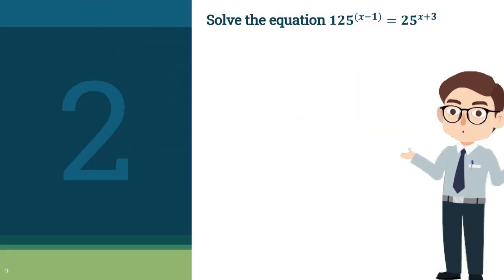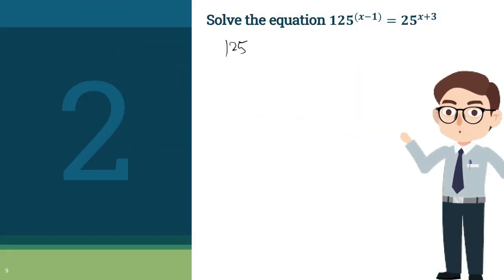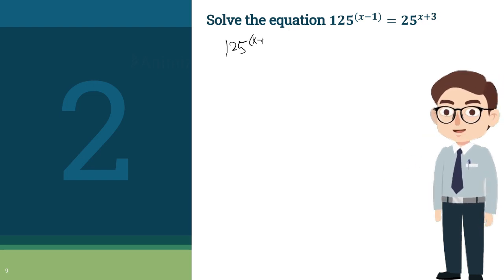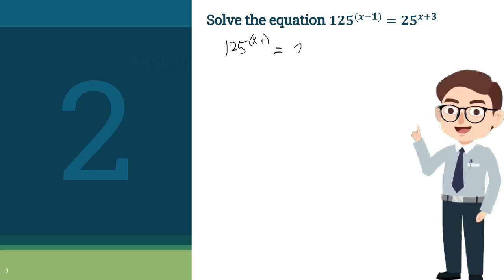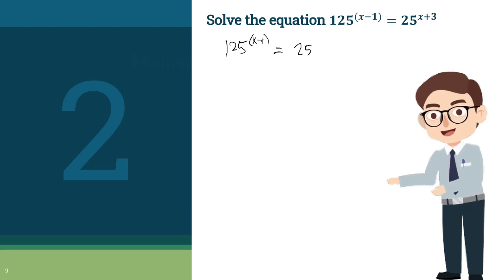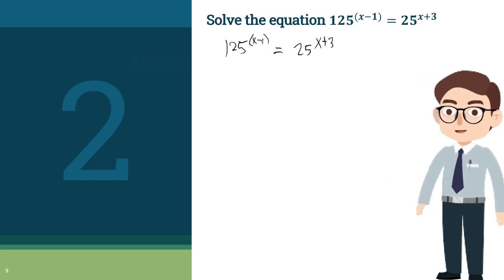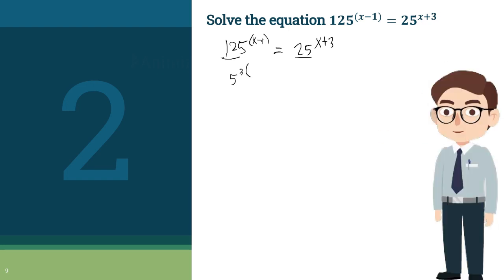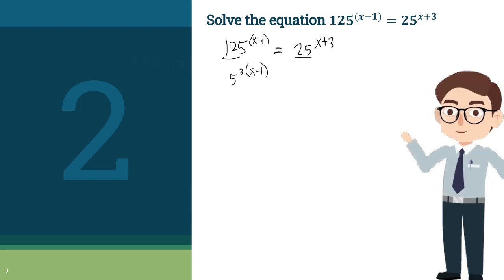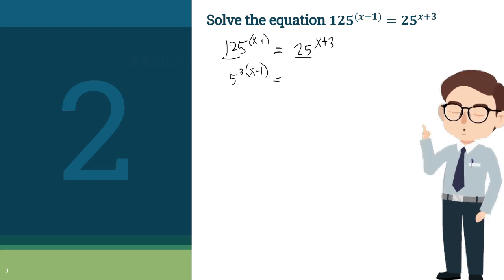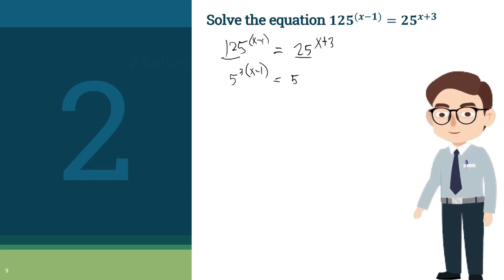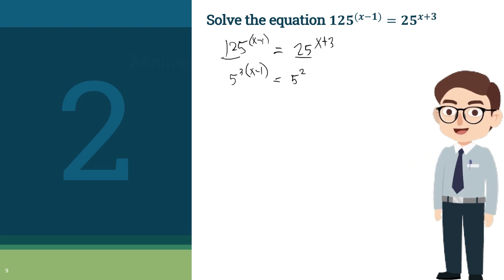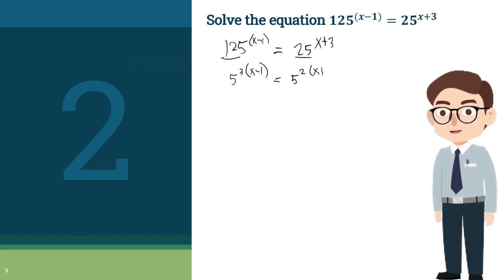Let's solve our second equation, that is 125 raised to x minus 1 is equal to 25 raised to x plus 3. We'll make our bases equal to each other. 125 is equal to 5 cubed, so 5 cubed multiplied to x minus 1 is equal to 25, which is a perfect square of 5, that is 5 squared multiplied to x plus 3.